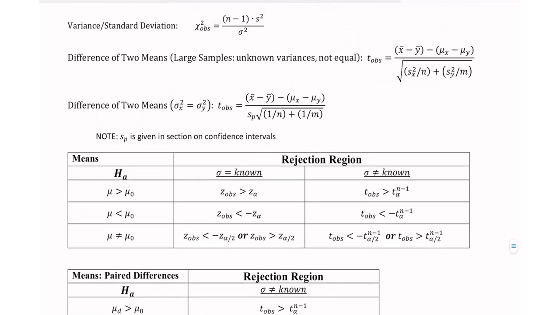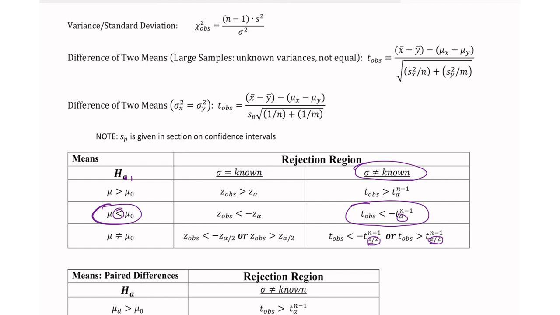All right. So now I'm looking at, for H1, I'm looking at less than. I've got this less than sign. This is what I want, and I don't know sigma, so I need this as my rejection criteria. Now notice that when we did the two-sided, we had alpha over 2. But now that we're doing the one-sided, we only have alpha.